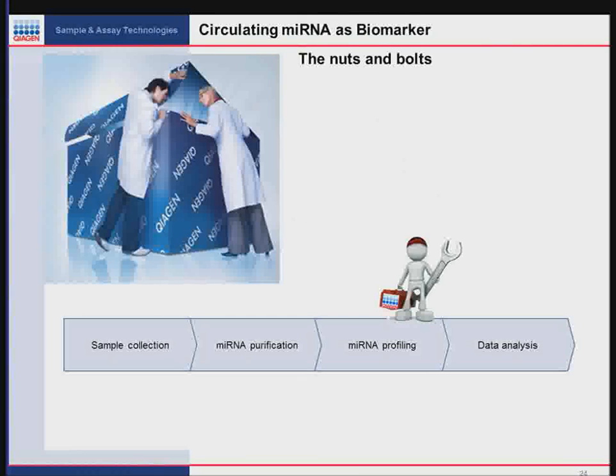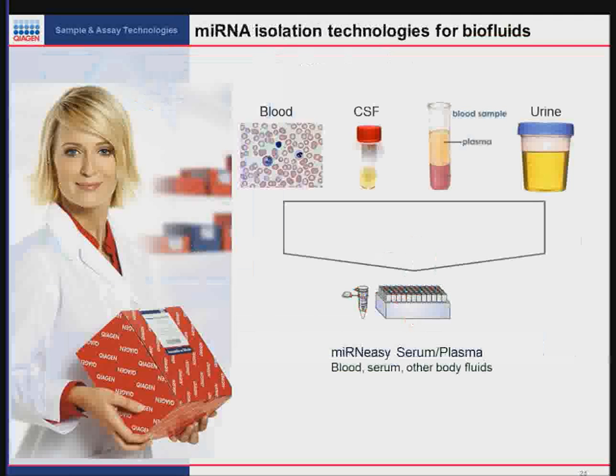So I want to talk now about the tools that we used in this experiment, from sample collection to data analysis. And the first thing we should talk about is microRNA isolation. So this is for total RNA from extracellular circulating RNA, is what we're doing right here.